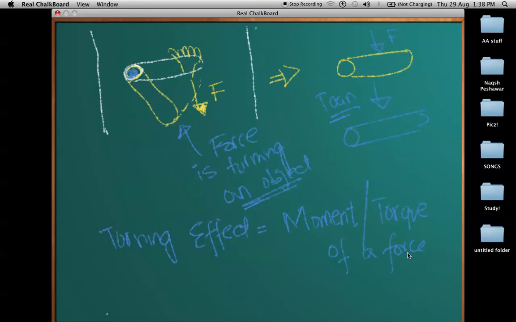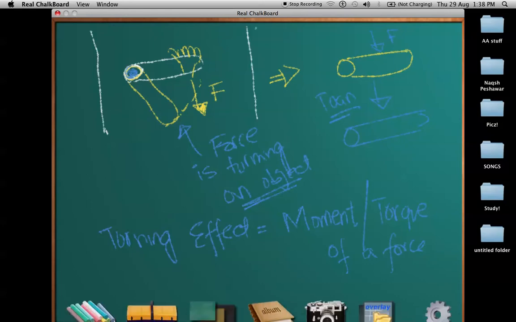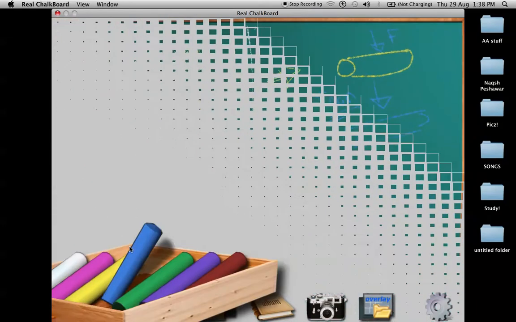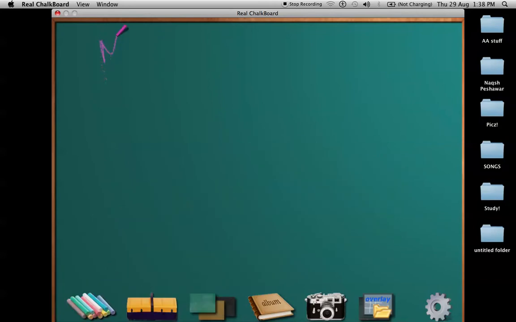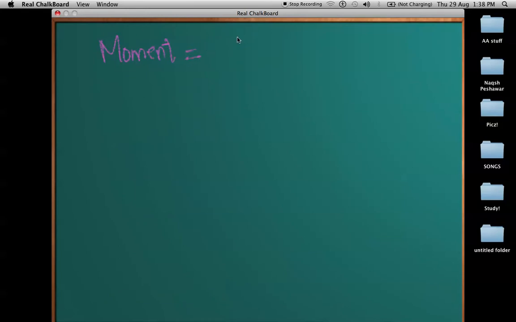Now, what is the numerical meaning of moment? Basically, the moment of a force depends on two things: first of all, the magnitude of force applied, and the distance of the force applied from the pivot.